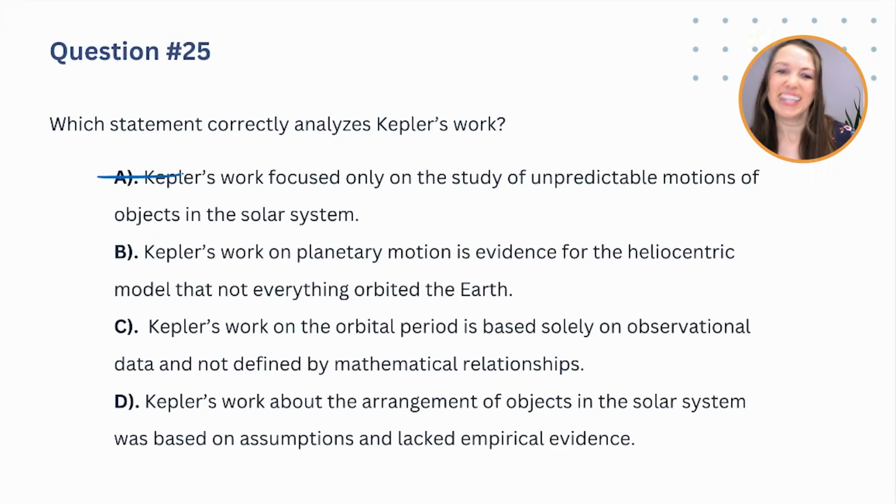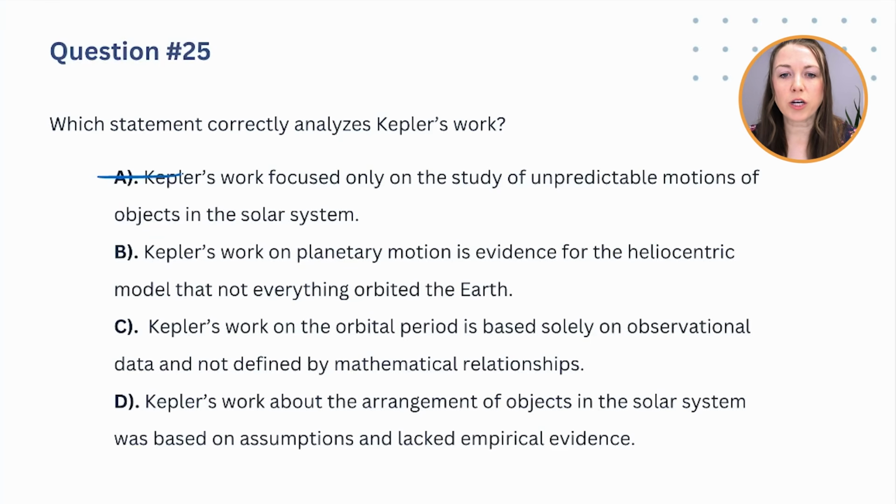A long time ago, well before scientists like Galileo, they believed that everything circled around the Earth, right? But scientists from well before Kepler and then also Kepler are saying no, our solar system orbits the sun, right? So his work is providing evidence that we're circling the sun, not the Earth, right? Okay, so let's hold that one.